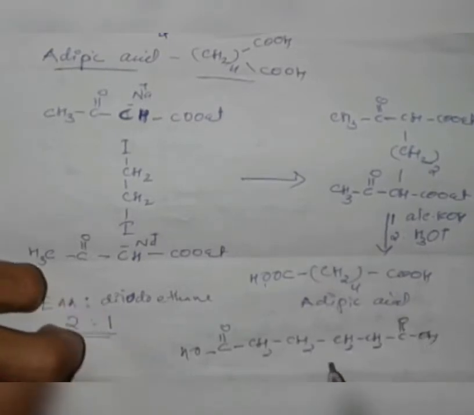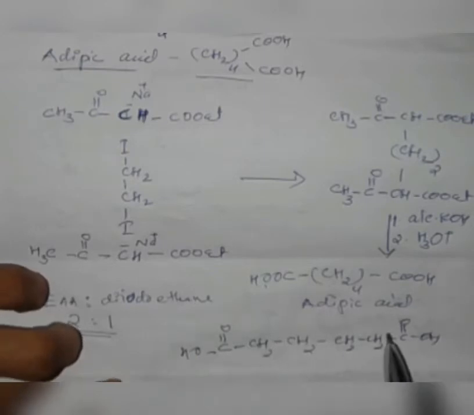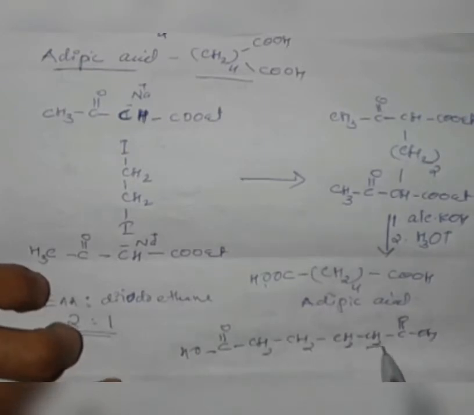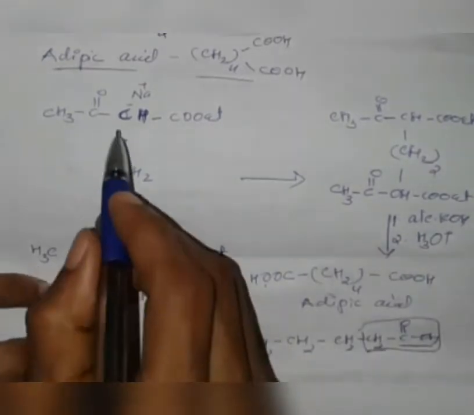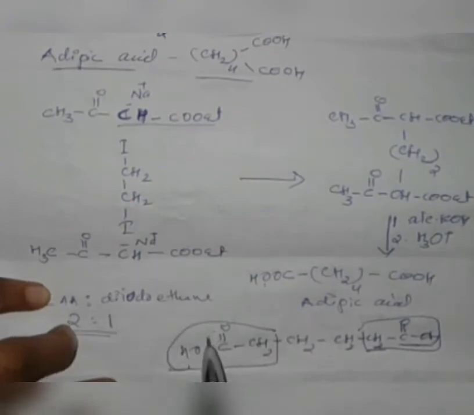There are 4 CH2 groups in between the two COOH groups. Here this CH2 group and COOH group come from one molecule of EAA, and this CH2 and COOH come from the second molecule of EAA.